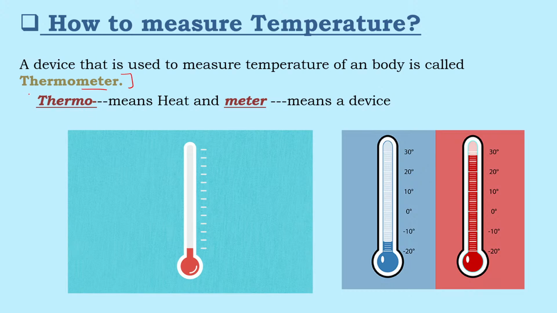Let us try to understand the meaning of thermo. Thermometer is made up of 2 words. Thermo means heat, and meter means a device or a scale. So the device that measures how hot or cold a particular object is, how much heat energy it has, is called a thermometer.